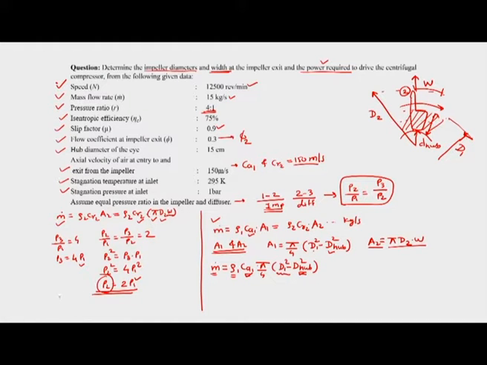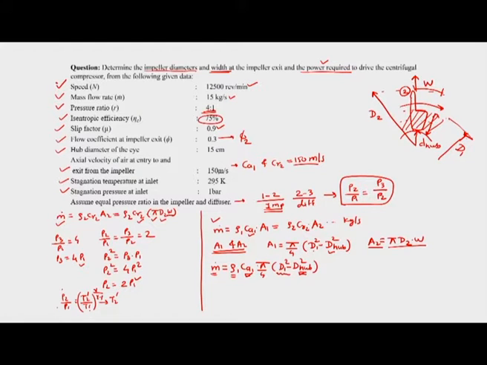So we can use the isentropic formula, which is P2 by P1 is equal to (T2 by T1) raised to gamma upon gamma minus 1. P1 is known, T1 is known, then P2 is also known from here. We can find out T2, but this is the ideal temperature, which is isentropic. So knowing this step gives us T2 dash, which is the isentropic temperature.